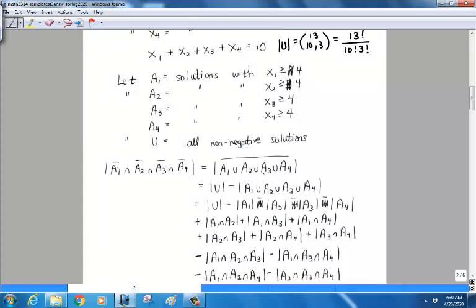And it's fairly easy to count, because the complement of the union is the universal set, the set of all non-negative solutions, minus the cardinality of this union. We've already counted the cardinality of the universal set.